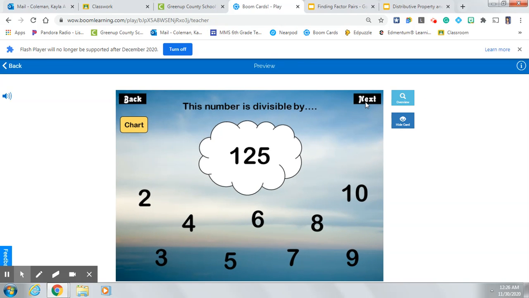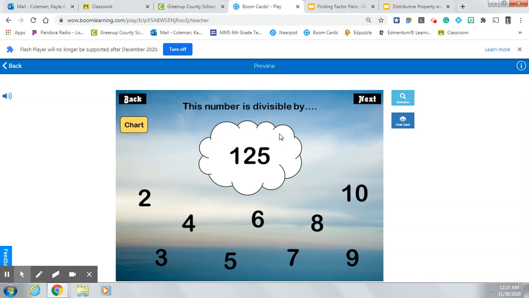Okay, now we have 125. You can use your divisibility rules for this. I know that 2 will not go into 125. It is not even. 3 will not go into 125 because if you add the 3 digits, 1 plus 2 plus 5, it's going to be 8. 3 can't go into 8, so 3 won't work. 4 will not go into it.